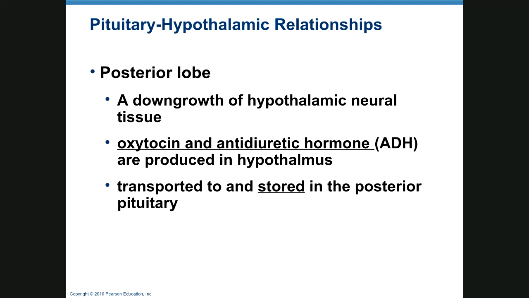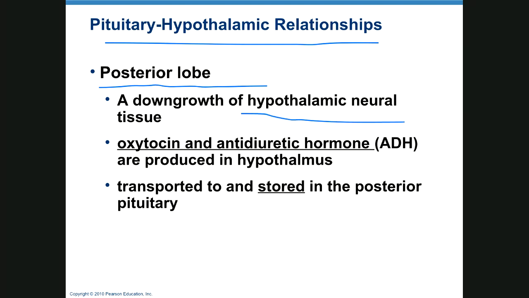Now, pituitary hypothalamic relationships. We're going to start with the posterior pituitary, or the neurohypophysis. It is actually considered to be a downgrowth of hypothalamic neural tissue. Oxytocin and anti-diuretic hormone are produced in the hypothalamus, but they're transported and stored in the posterior pituitary.